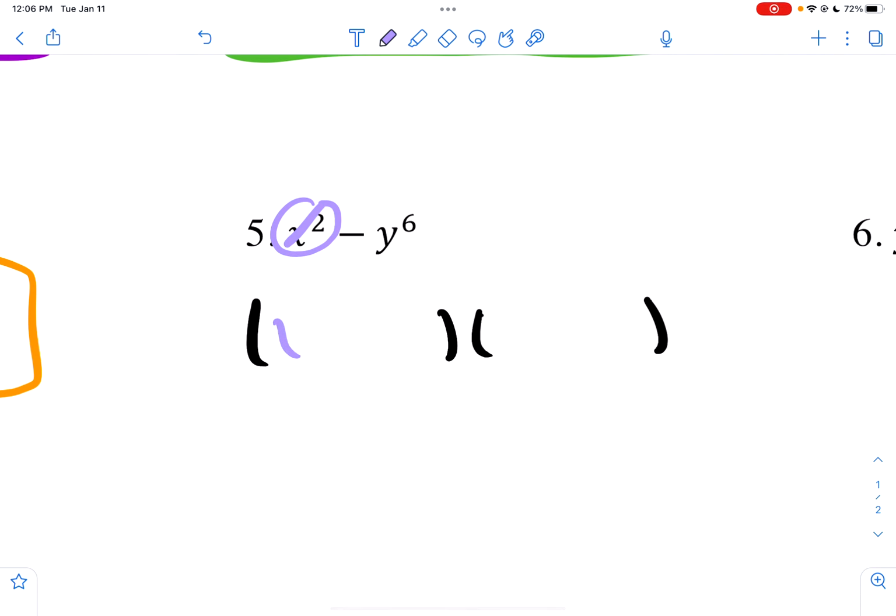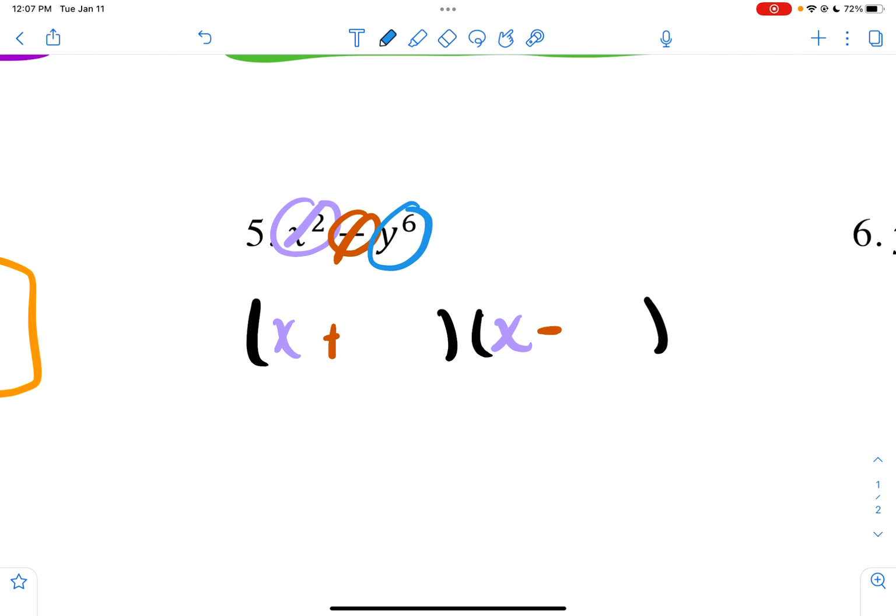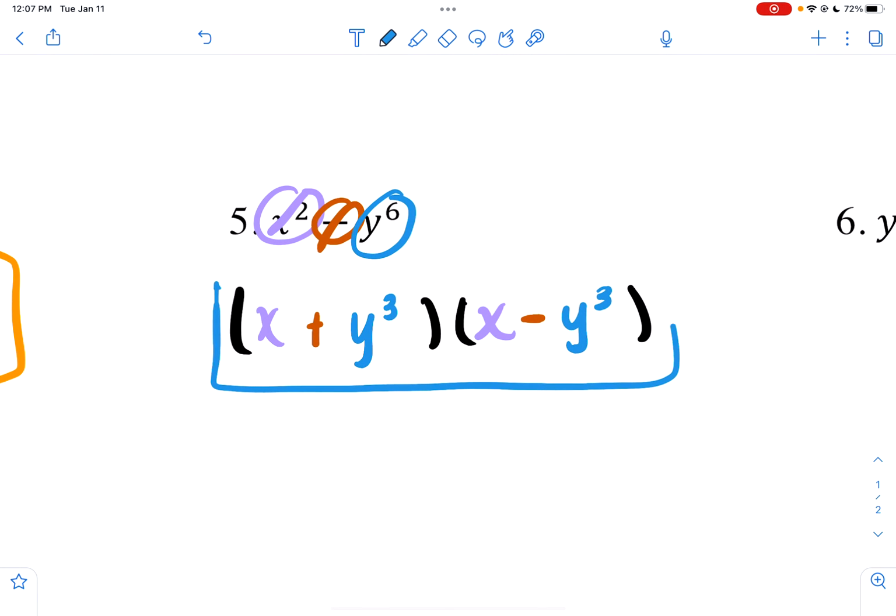So I will have an x to the first and an x to the first, but we know x to the first is just x. Now, what makes my minus? Plus minus. Now I look at my 6. What is 6 divided by 2? 3. So I have y to the third, y to the third. And that is my final answer.